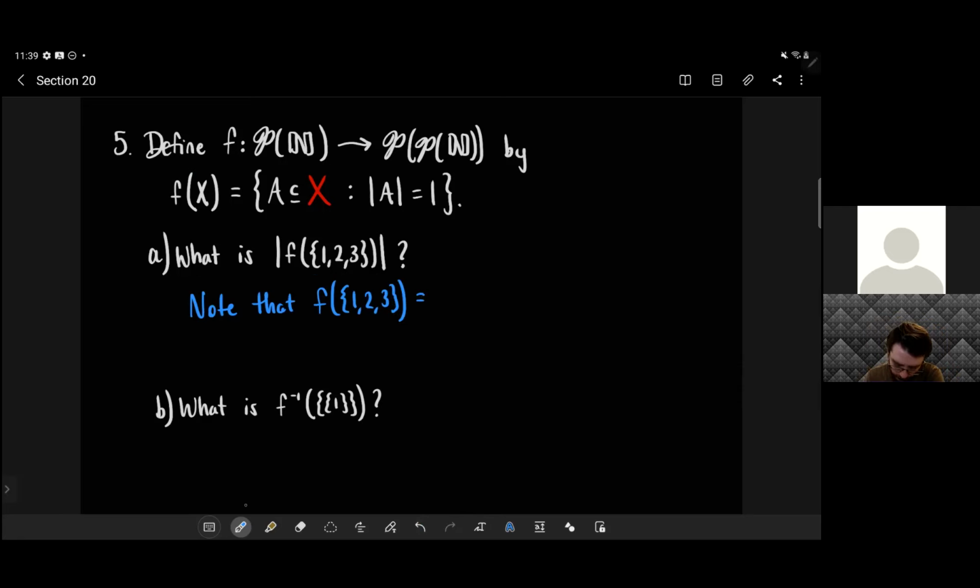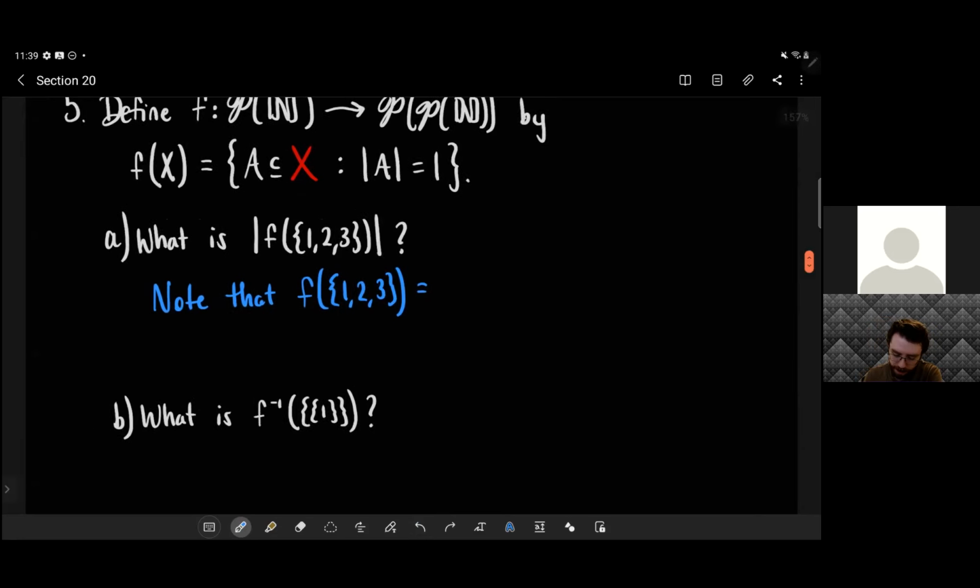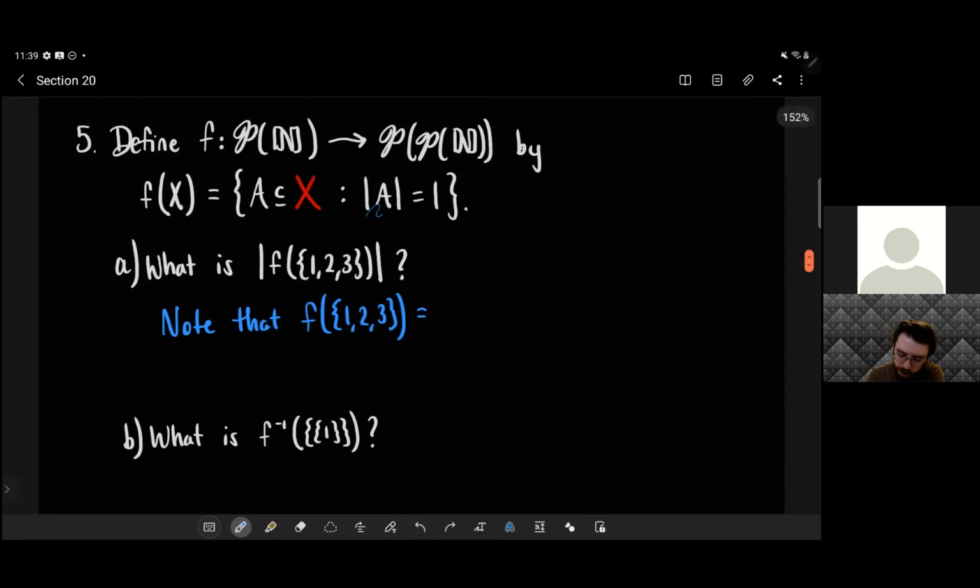I wrote these problems very quickly without thinking too much about them. Note that f of {1, 2, 3} should be all subsets of {1, 2, 3} that have cardinality 1.